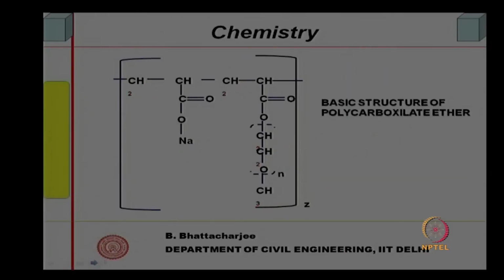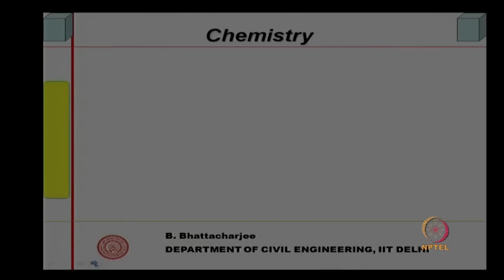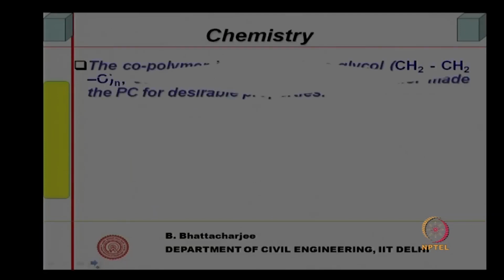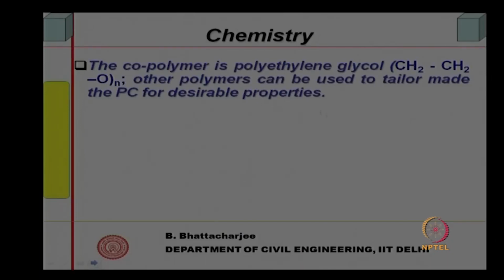Let us see how it is done. This is the basic structure of polycarboxylate ether. The copolymer here is polyethylene glycol, CH2CH2O n. Other polymers can be used to tailor-make the PC for desirable properties.